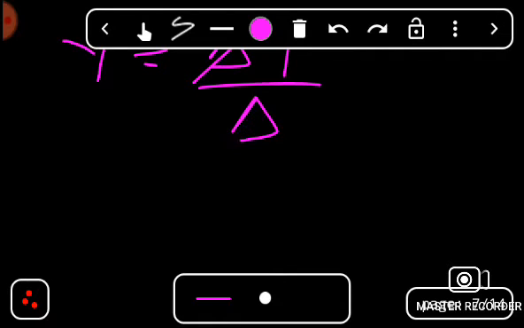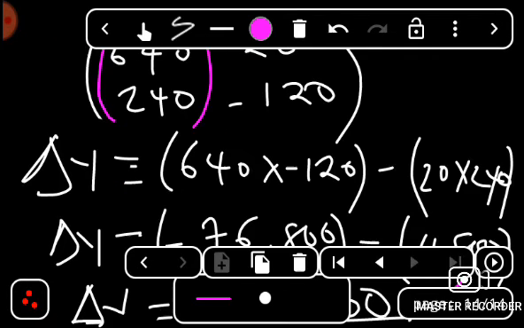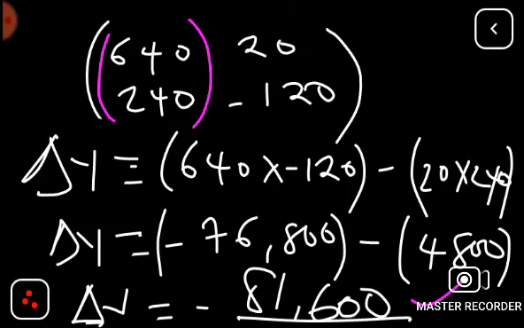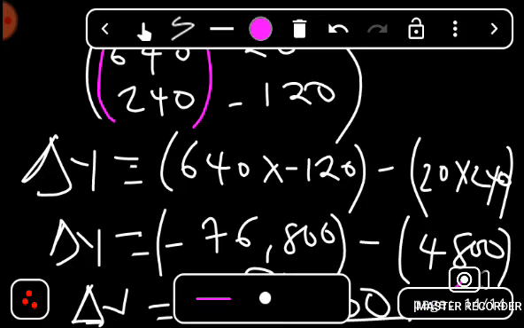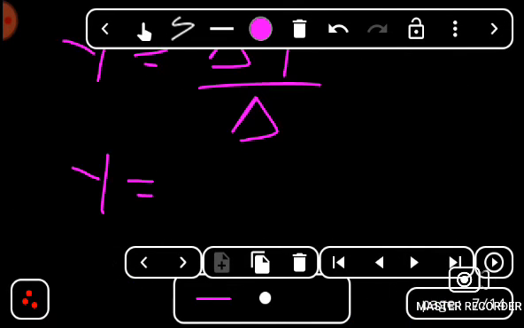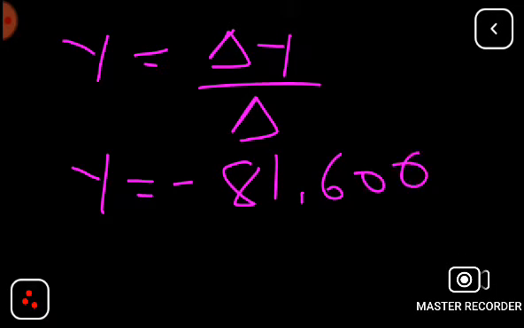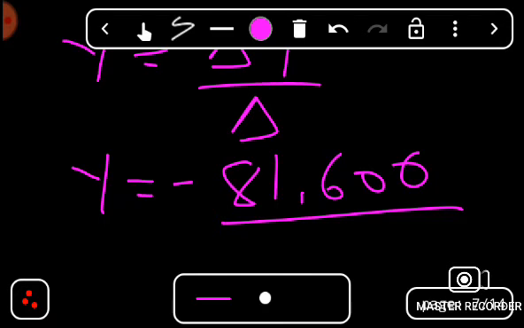So I'll have my Y. Our change in Y is negative 81,600 over, what was our change?